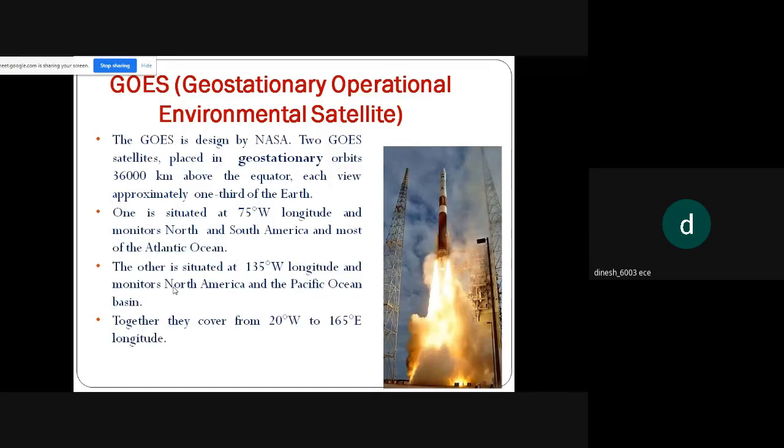Next is the GOES, Geostationary Operational Environmental Satellite.